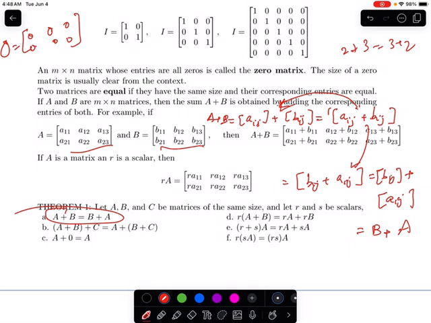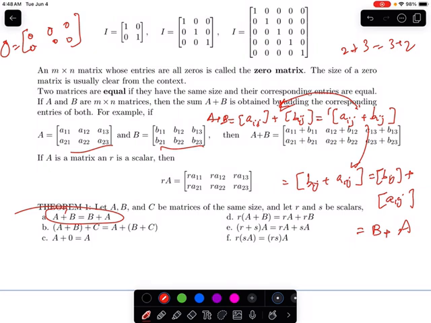Okay, so we missed one thing here, the matrix multiplied by a scalar. So when we multiply a matrix by a scalar, each entry of the matrix is multiplied by the scalar. Just remember that. Okay, so now we come to this theorem 1, and this is saying that let A, B, C be matrices.